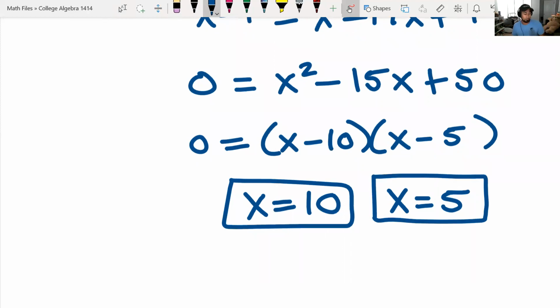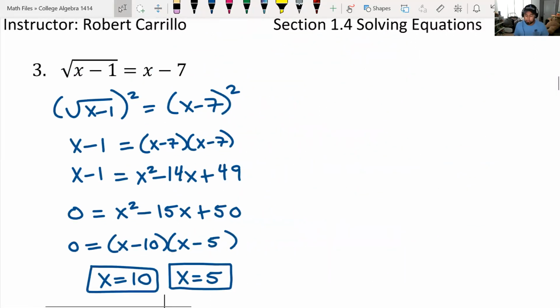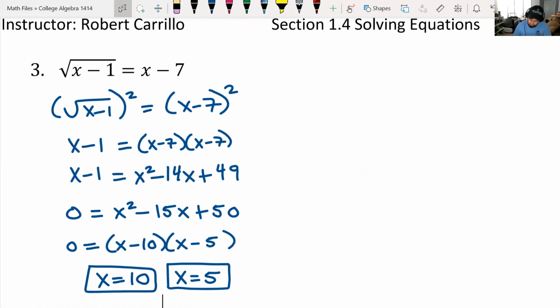But now we want to see which solution works. So yes, we are going to have to check.